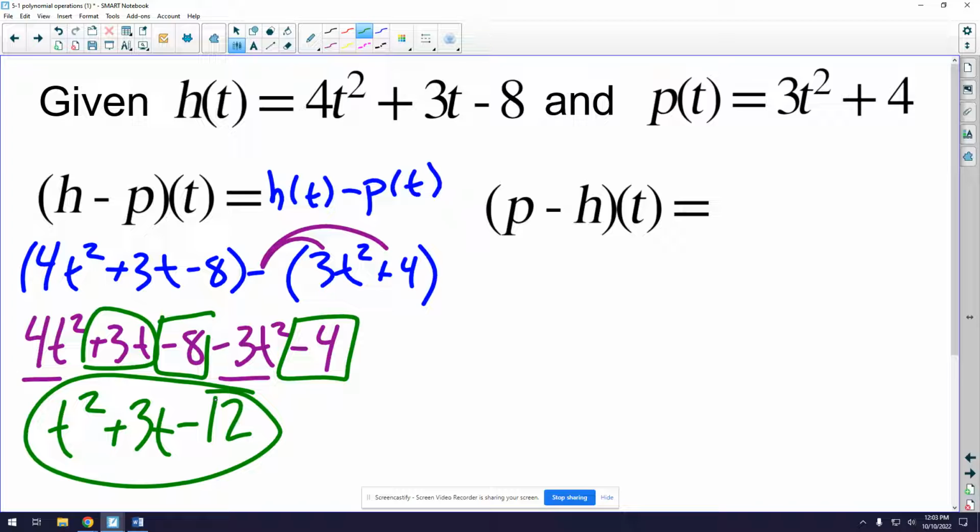Now, the next one has the same two functions being subtracted. So, is my answer just going to be the same? Well, hopefully you said no, because I switched the order. Now I want to take p and subtract h. Subtraction, the order matters, right? 4 minus 3 is not the same as 3 minus 4.